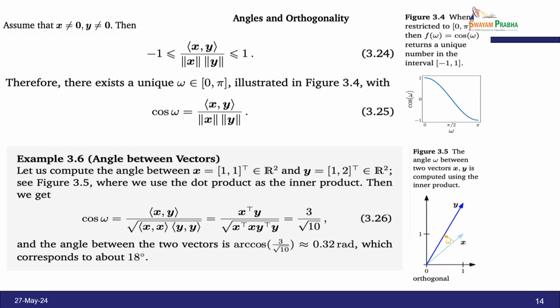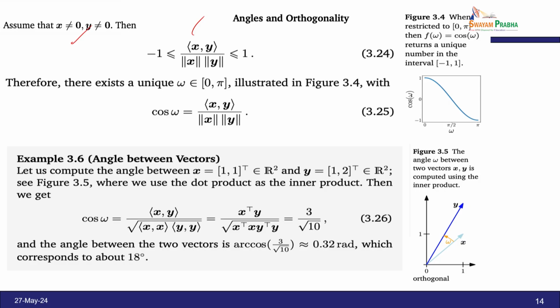Now, we are going to discuss the angle between two vectors, and also the orthogonality of vectors. So, assume that x is not 0 and y is not 0, then the inner product of x comma y divided by norm x norm y is nothing but the cosine of the angle between the two vectors. It is always bounded between minus 1 and 1.